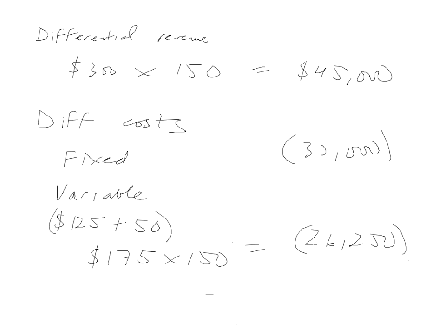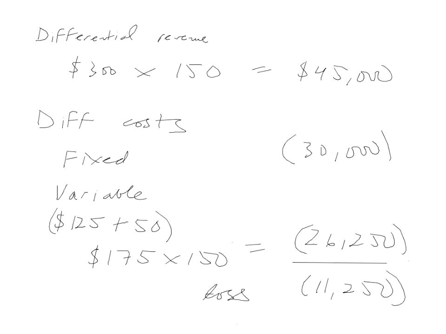So we have $45,000 in revenue. We have an additional $30,000 in fixed costs, and an additional $26,250 in variable cost. So that means that we're actually going to have more of a loss. The loss is going to be $11,250.